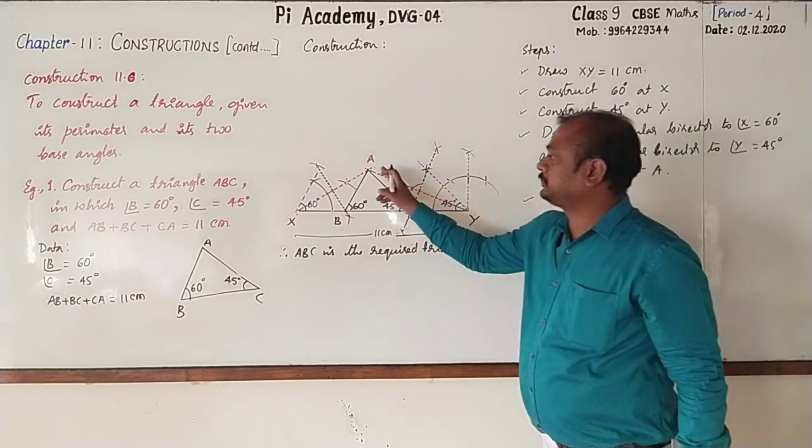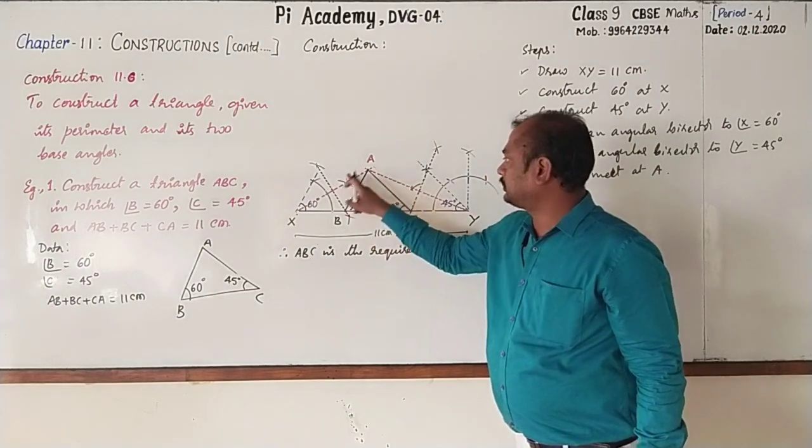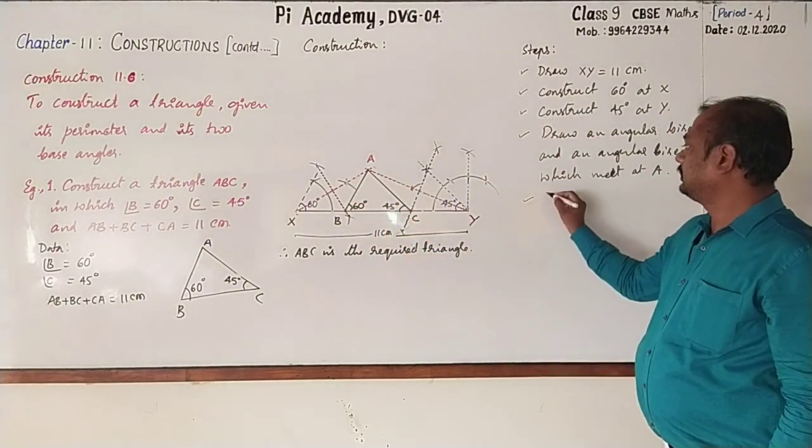Next, we have to draw perpendicular bisector to AX and AY.